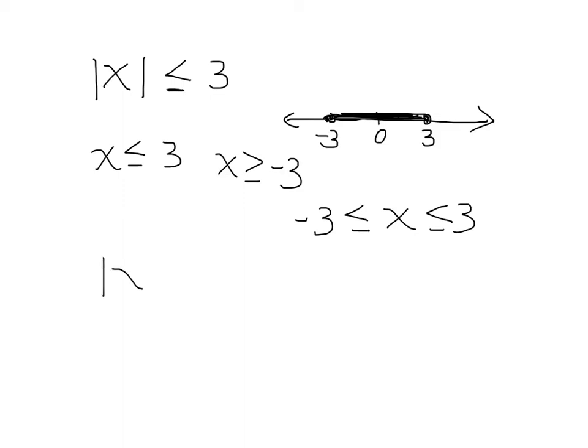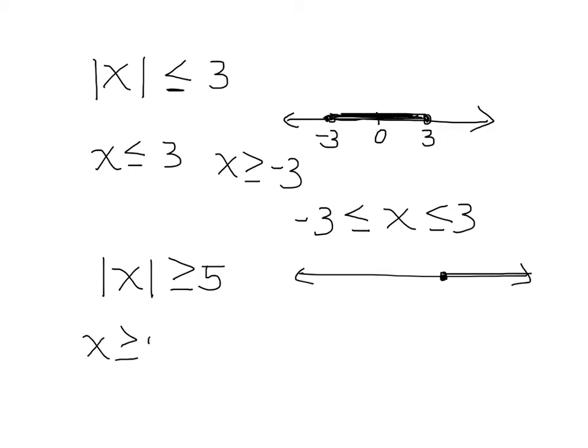Going back to my one with the absolute value of x being greater than or equal to 5 from the previous slide, what we saw on that one was that to have an absolute value greater than or equal to 5, you're either greater than or equal to 5 or less than or equal to negative 5.